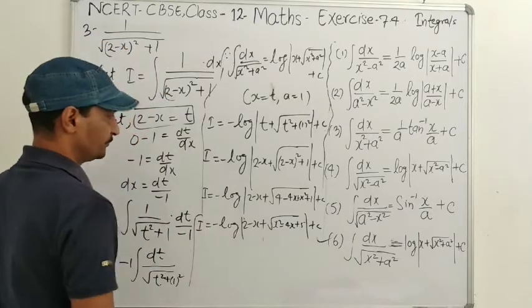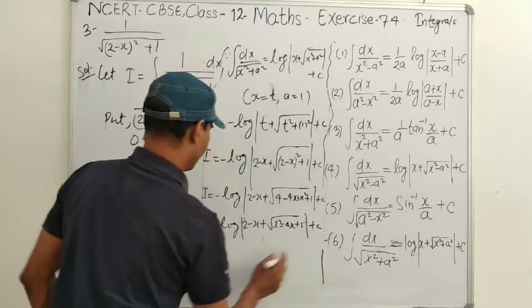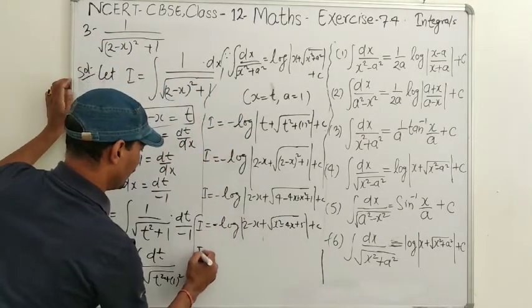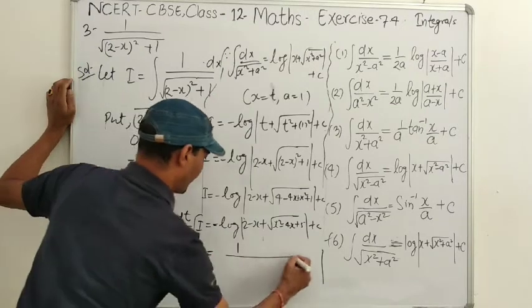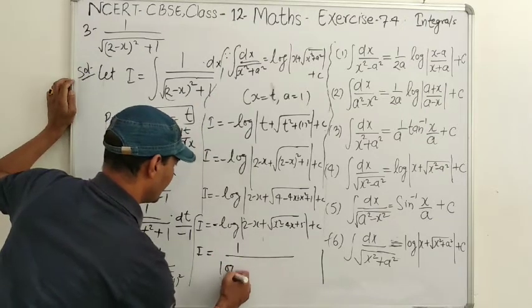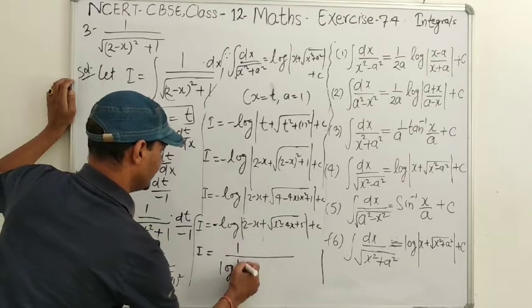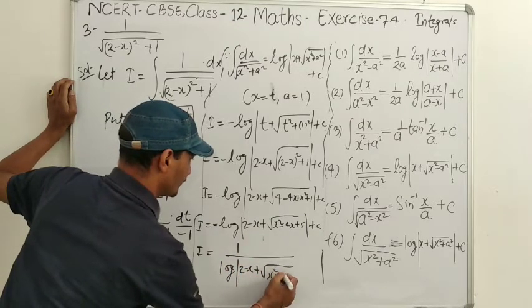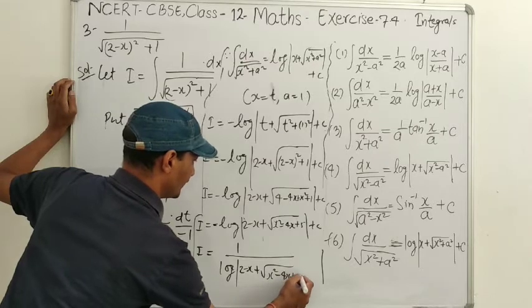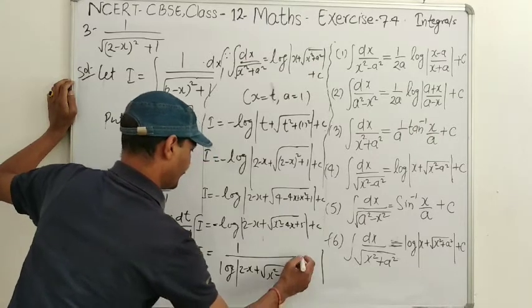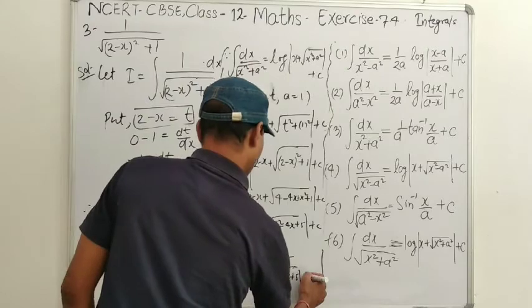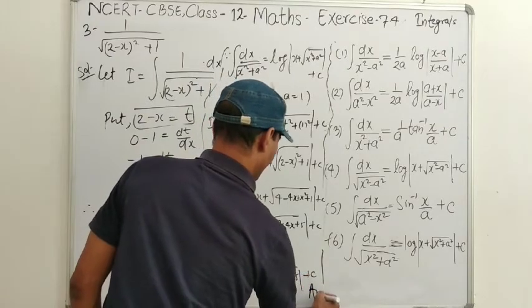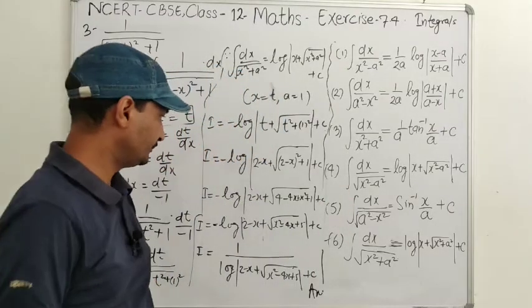If we apply the logarithm rule, the minus sign comes in the form of 1 by log like this, but both answers are right. 2 minus x plus root over x square minus 4x plus 5, plus c. So it is the required answer.